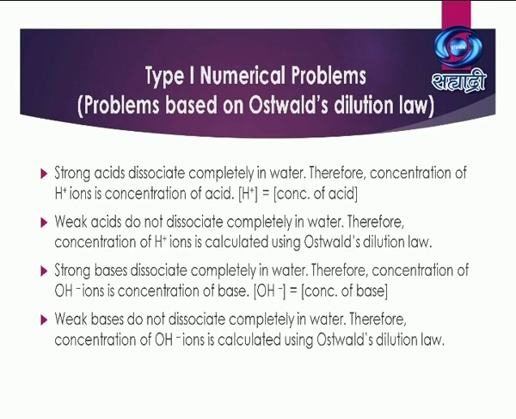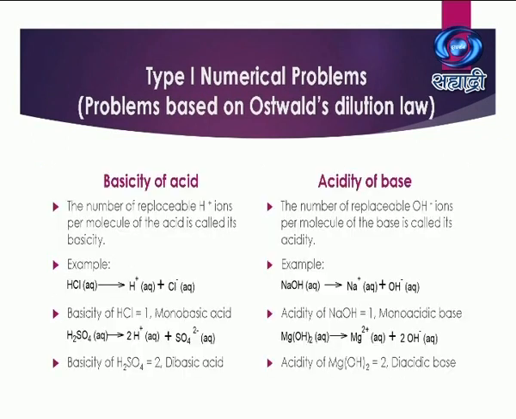Therefore, to calculate H plus ion concentration, you have to use Oswald's dilution law and the two formulae which we listed in the earlier slide, in terms of alpha and in terms of Ka, to calculate H plus ions. So those expressions you have to use. Similarly, in case of strong bases, the OH minus ion concentration is itself the given concentration of base because of complete dissociation again. But in case of weak bases, you have to apply Oswald's dilution law.